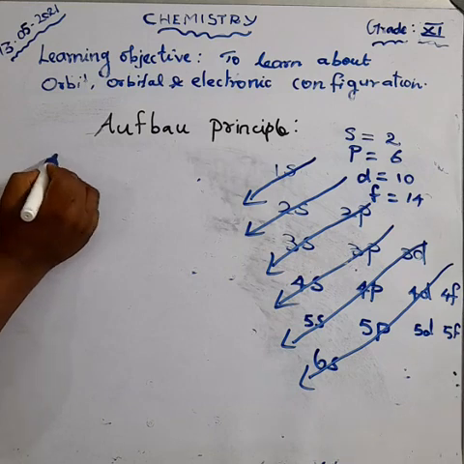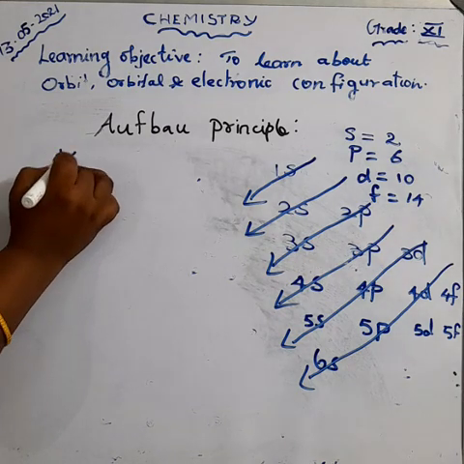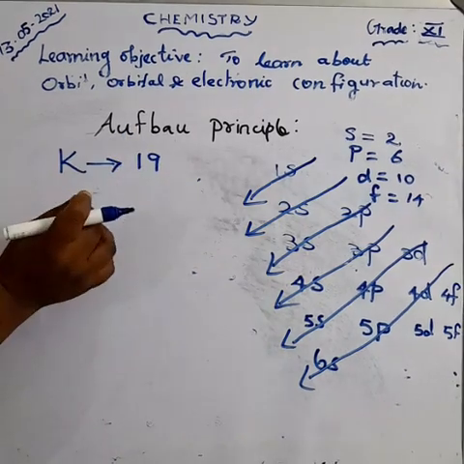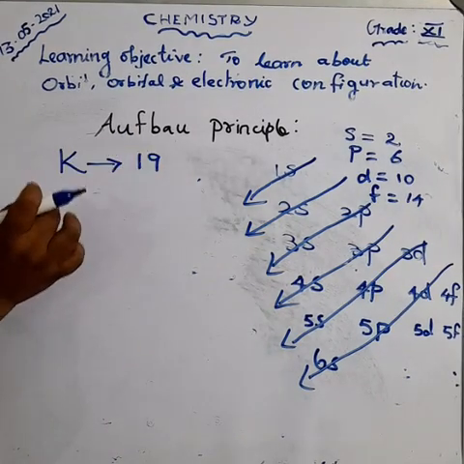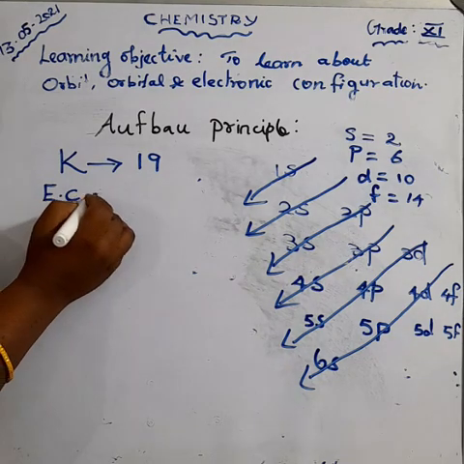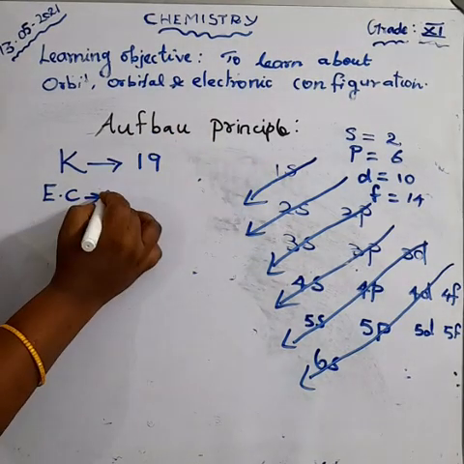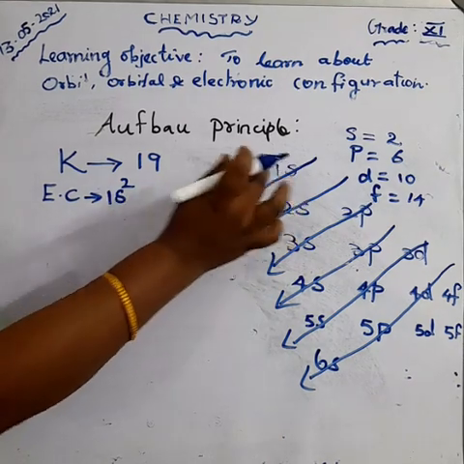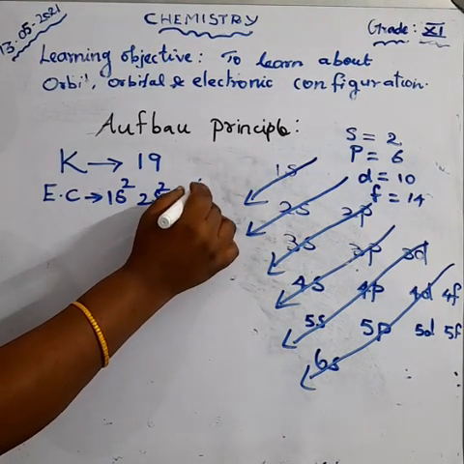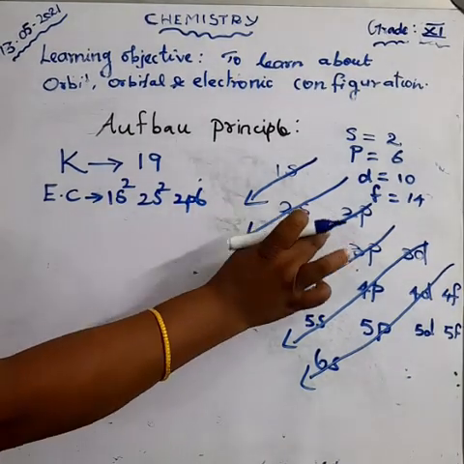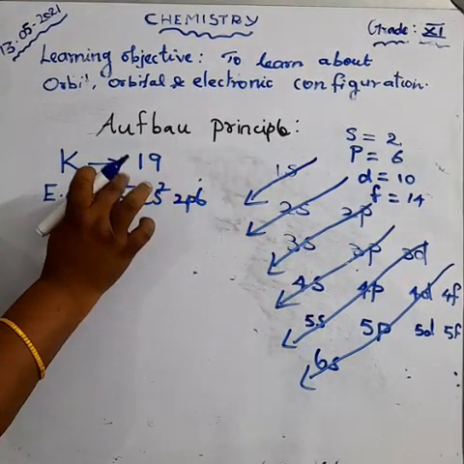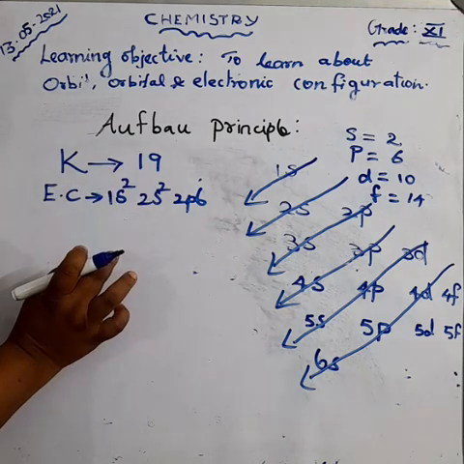Next, potassium. Atomic number of potassium 19. So 19 electrons are there. So how will you write the electronic configuration for potassium? First 1s2, 2s2, and then 2p6, and then 6 plus 2 is 8, 8 plus 2 is 10. Remaining 9 electrons are there.